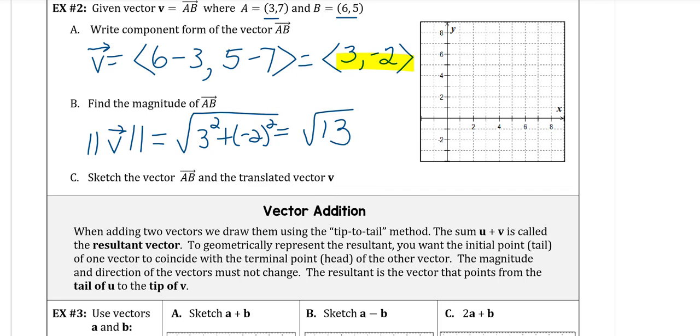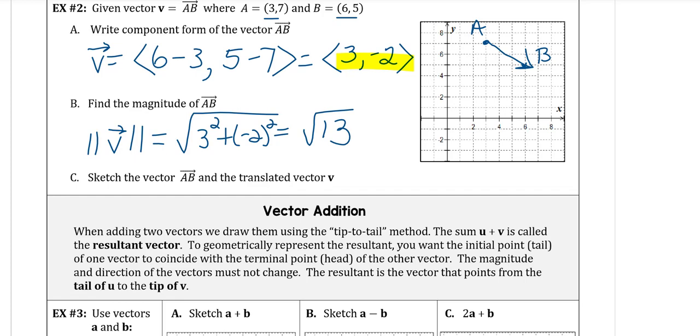And then we're supposed to sketch vector AB and the translated vector v. Okay, so here is AB. So A is at (3, 7). There's A. And B is at (6, 5). So drawing that vector.